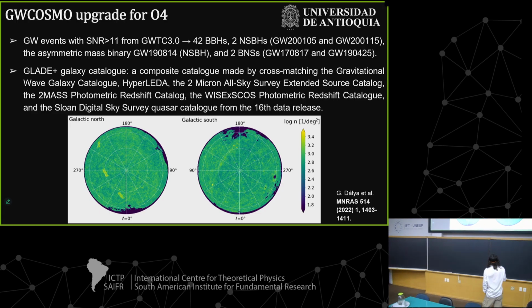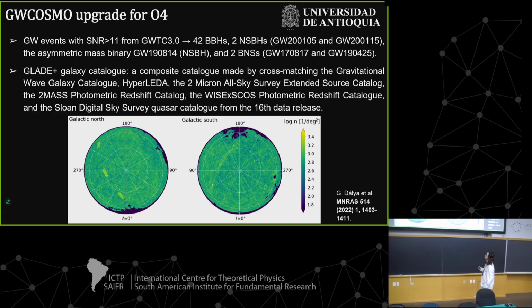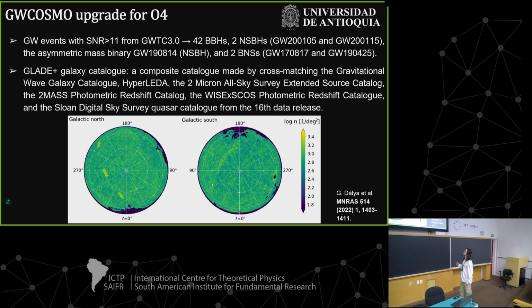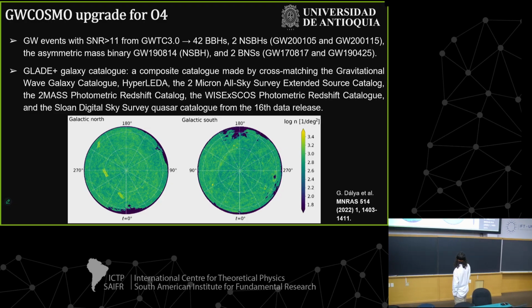The event selection criterion was that the SNR should be greater than 11. This led us to 42 BBHs, 2 NSBHs, and the asymmetric mass binary GW190814, which was considered an NSBH for this analysis, and 2 BNSs. One is GW170817, and the other BNS.